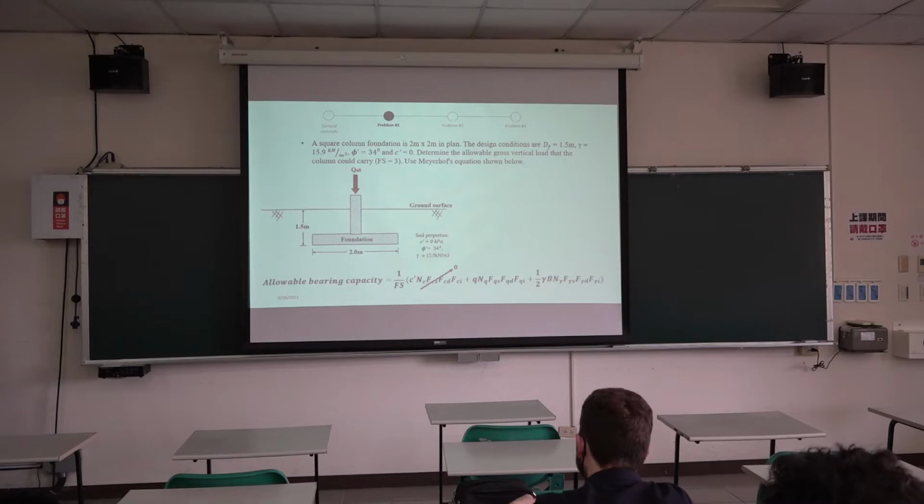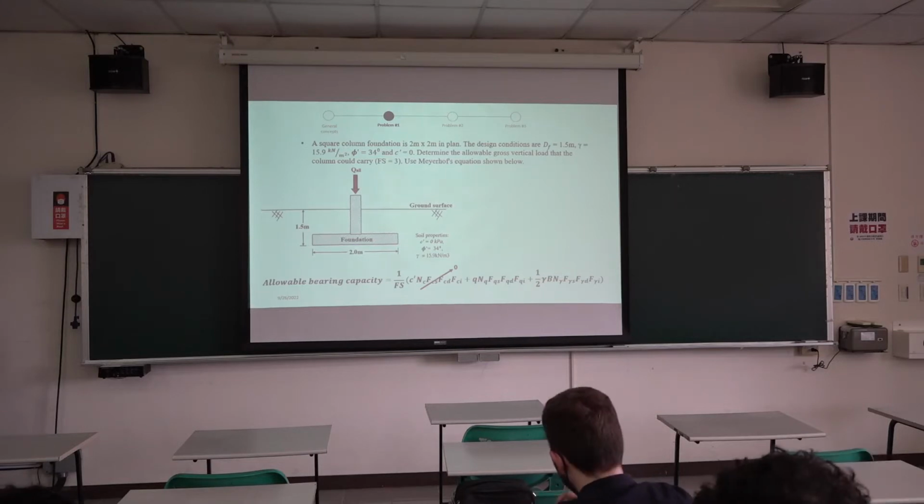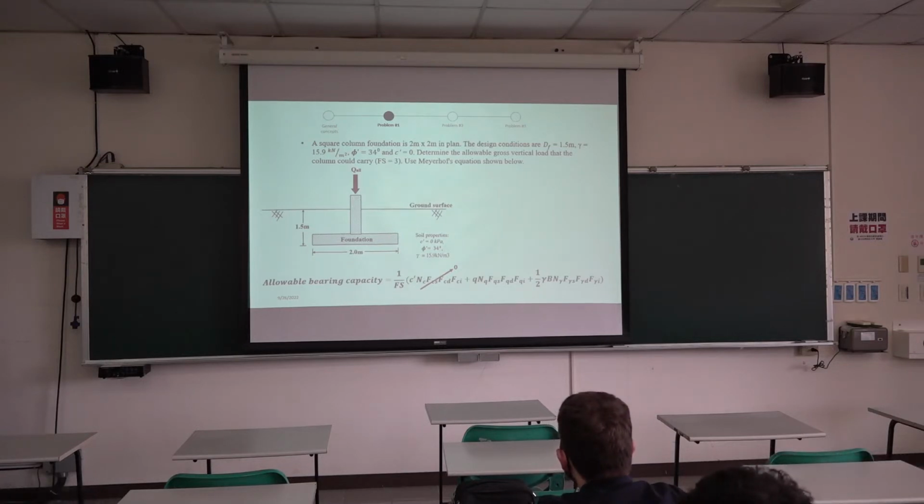If you want to get the allowable bearing capacity, you have to divide the ultimate bearing capacity by the factor of safety. That's the only difference from the initial equation. The first term becomes 0 because this soil is cohesionless. So we do away with the first term and are left with these last two terms, okay?